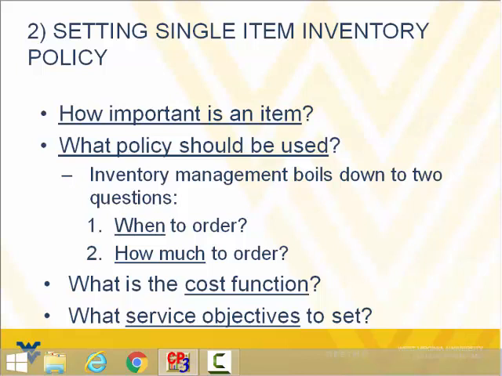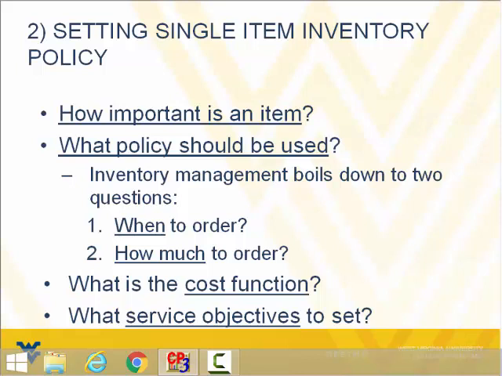So this is the decision variable because this is a decision. When do we order? How much do we order? It's a quantity, right? That's a decision variable. So these are two decision variables, and we're going to define these as decision variables when we do some mathematical programming. And then we have to minimize the cost function in order to answer these two questions.